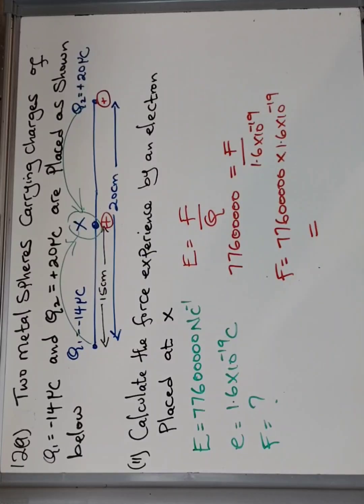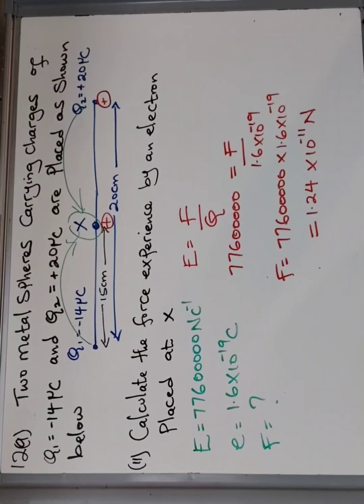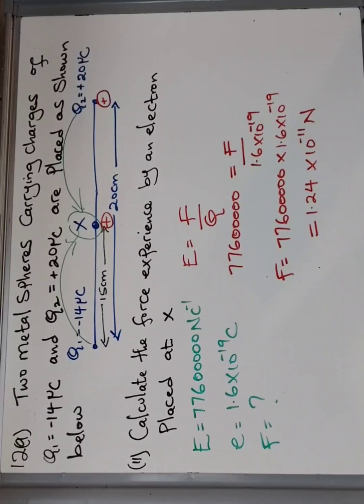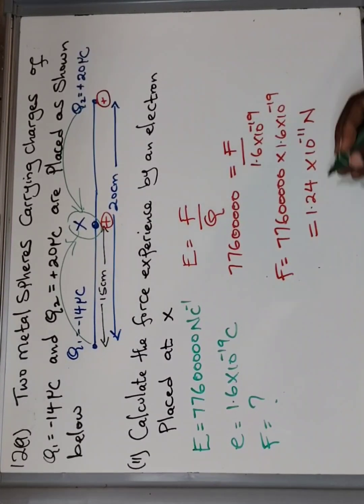And what you get out of that is going to be the force in newtons. So there we are. The force is that. That's the force experienced by an electron if that electron is placed at X.